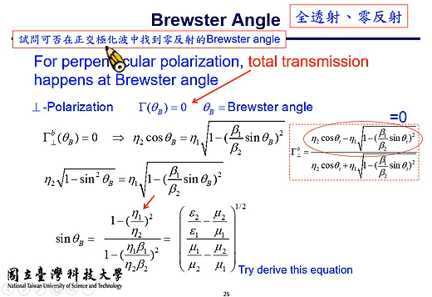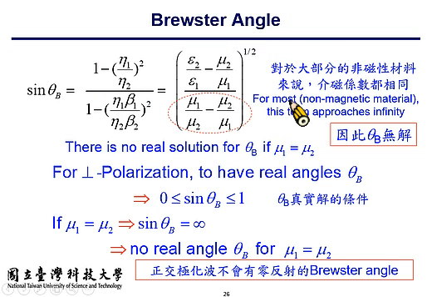So the thing goes up to infinity. Do you have a real solution for theta b in this case? Well, no. But you may have a real solution for theta b if you have magnetic material. If mu 1 and mu 2 are of different values, then you might have a real solution for theta b.